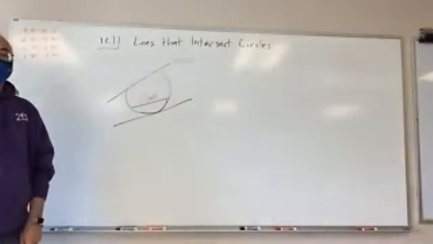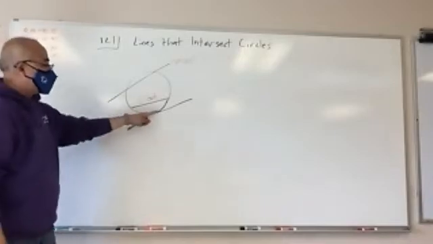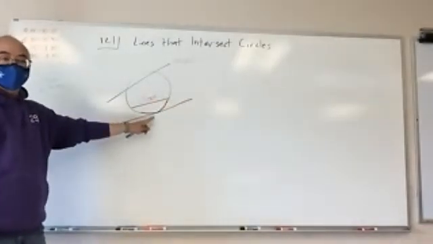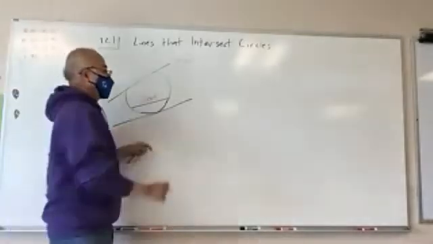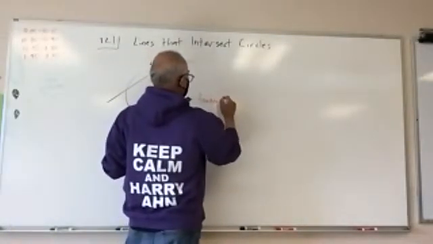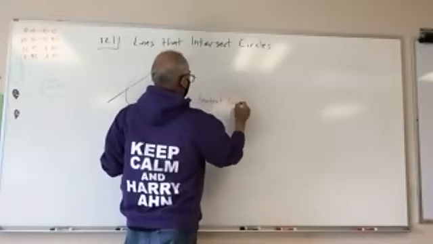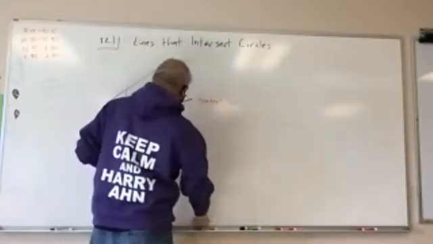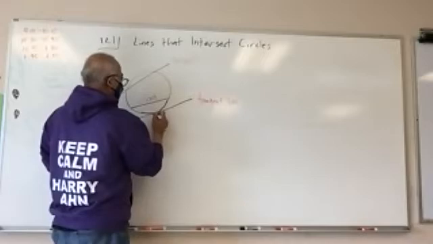And a line that meets at, how many points do you think it's going to meet here? Just one, right? It's called a tangent line. And this point here is called the tangent point.